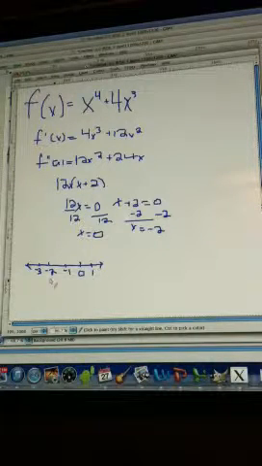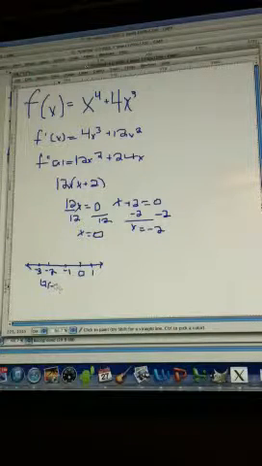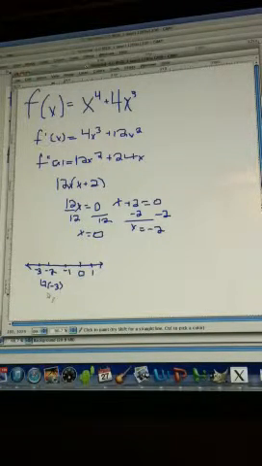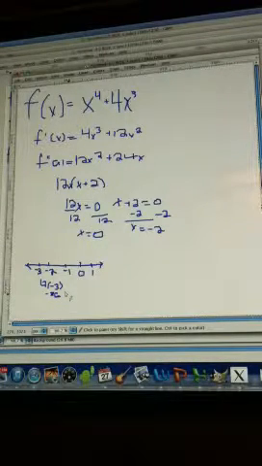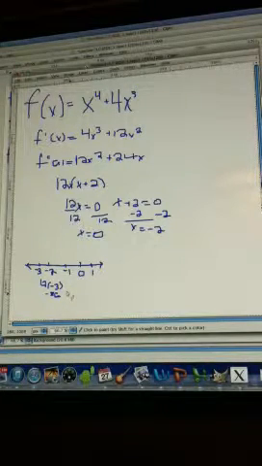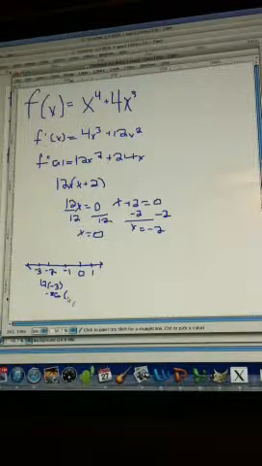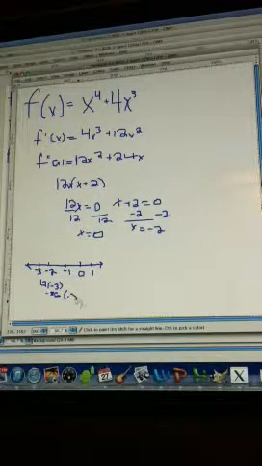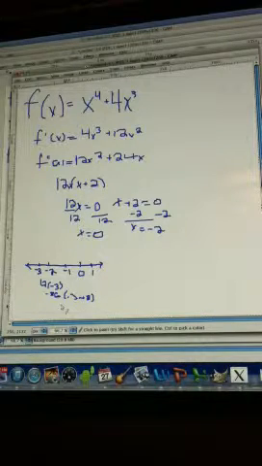So you get 12 times negative 3, which is negative 36, times negative 3 plus 2, which is negative 1. A negative times a negative gives you a positive.